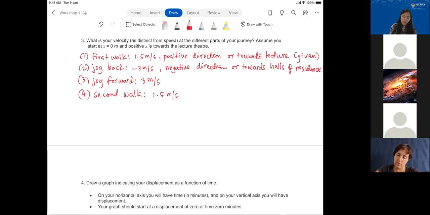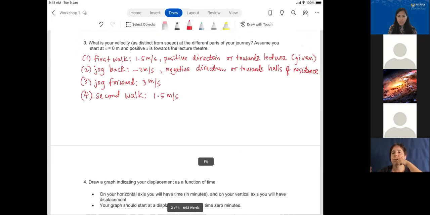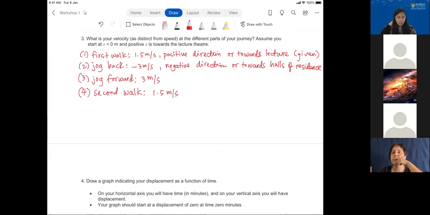You can also just indicate positive 1.5 meters per second to indicate the direction. Or as what we did here, explicitly say towards the lecture theater, or indicate some direction. Right? Okay, so those are the velocities. It's important to put directions when you're talking about velocities. Right. Does that make sense?